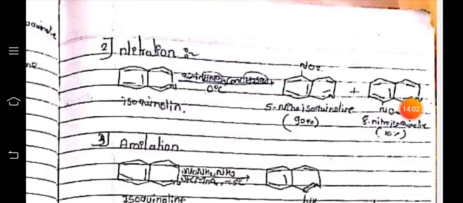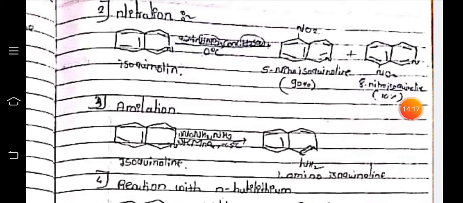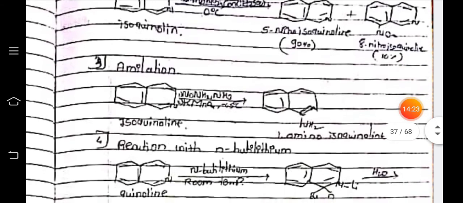The well-known nitrating agent is concentrated H2SO4 and concentrated HNO3. So these two reagents are used for the nitration. We will get the products at the 5th and 8th positions: 5-nitroisoquinoline as the 90% major product, and 8-nitroisoquinoline as the 10% product.